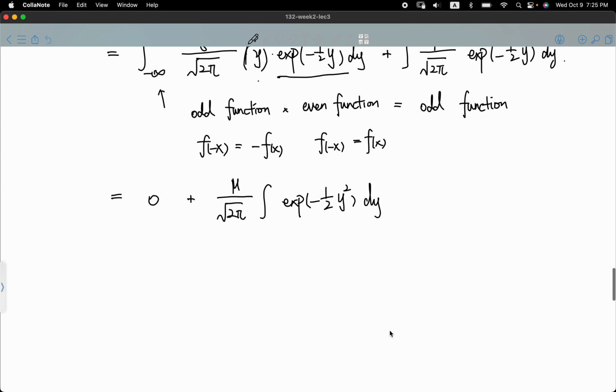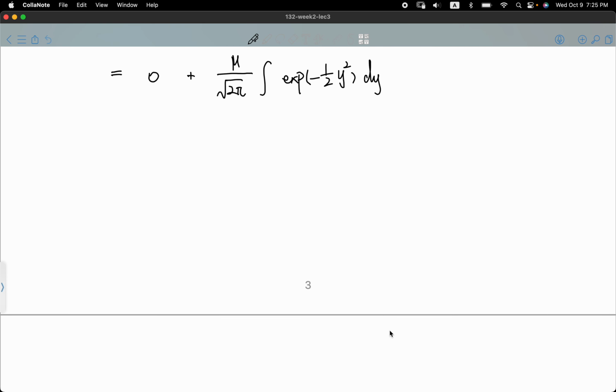Now I'm going to mention another property of the normal distribution, which is this one. The integral from negative infinity to positive infinity of exp of negative one half y squared dy is equal to a constant, square root of 2 pi, which is also part of the normalizing constant in the normal distribution.